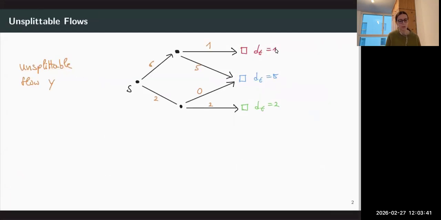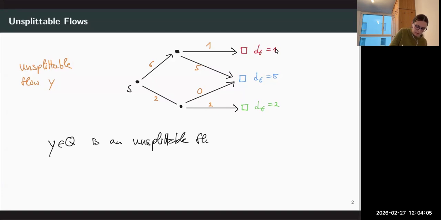And now we want to look at unsplittable flows. Here in this example, you see an unsplittable flow y. Why is this called an unsplittable flow? We say that y in Q is an unsplittable flow. So y is in Q, which first of all means it's a flow as we've seen before.